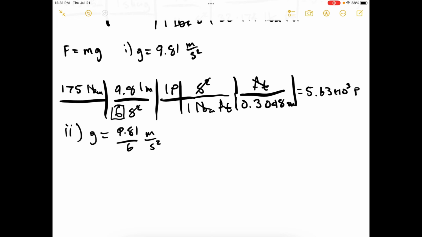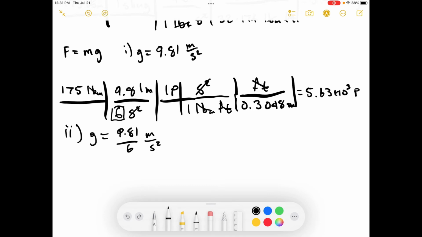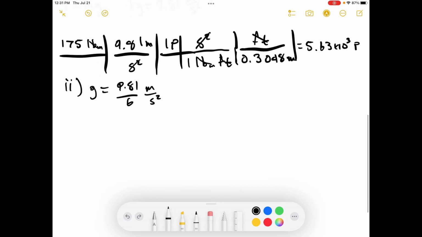So the answer should be the same, except we divide it by 6. So we take that first answer and divide by 6, and that equals 9.39 times 10 to the 2 poundals.